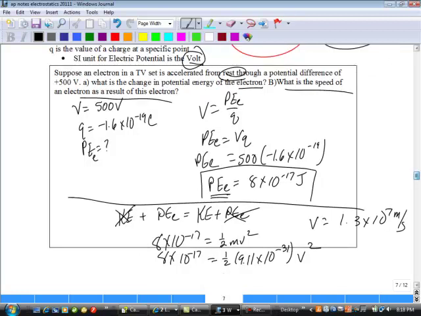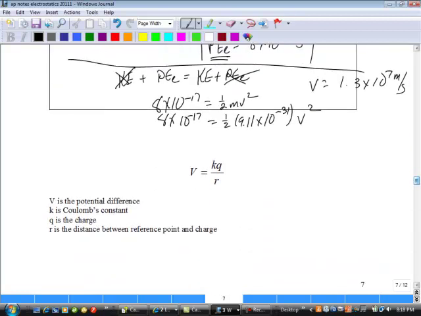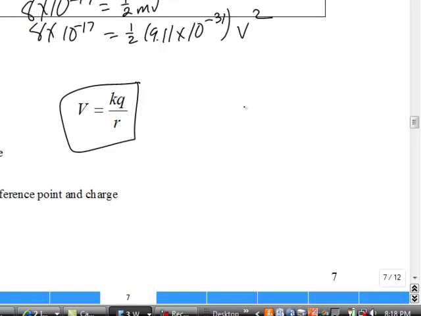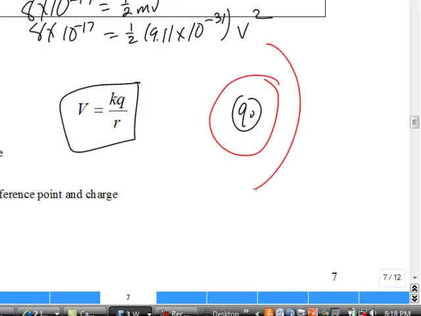Alright, so that is another process to do with that. This is another equation that we need to know for electric potential. You can see that potential equals kq over r. Basically what that means, if I have a charged particle, Q, around this charged particle are going to be these equipotential lines.